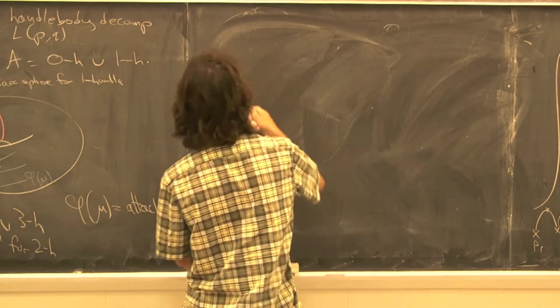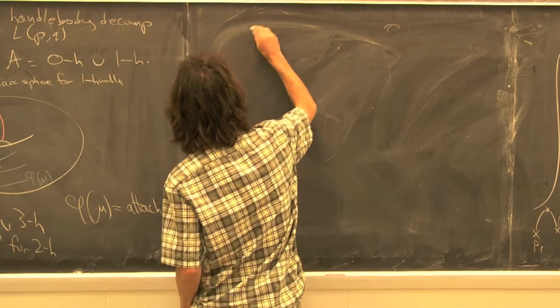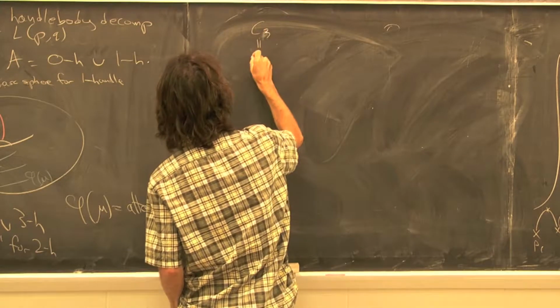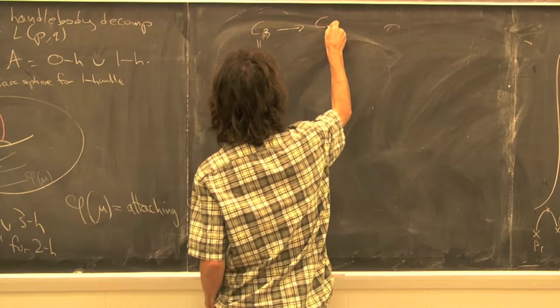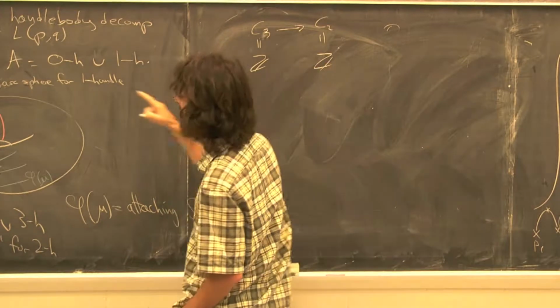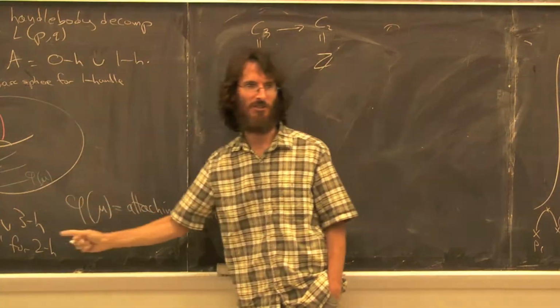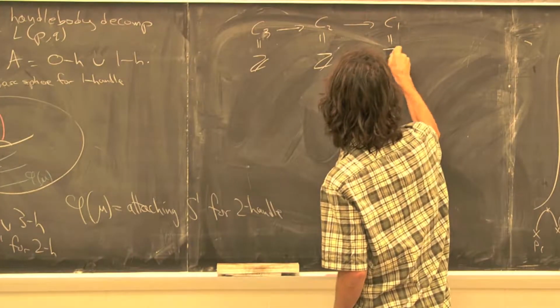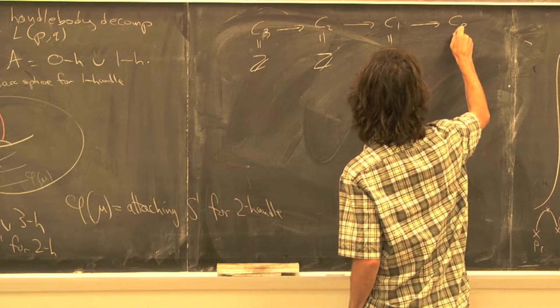The chain complex is going to have everything equal to Z: C3 equals Z, C2 equals Z, because there's one index 0, one index 1, one index 2, and one index 3, C1 equals Z, C0 equals Z, generated by the critical points.